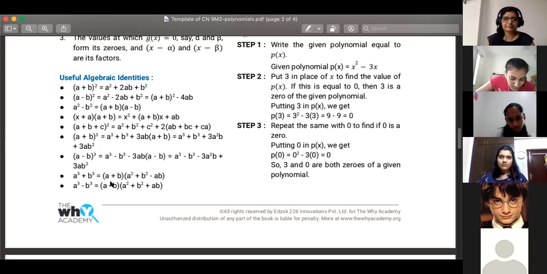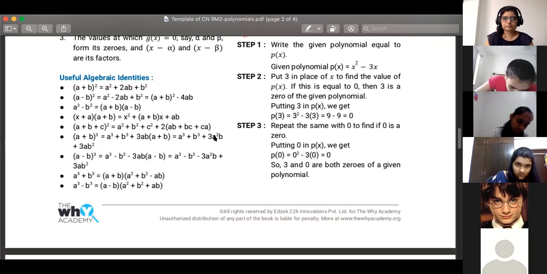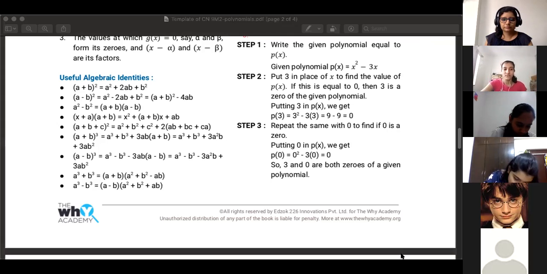Okay, the cube ones are left. Swayam done.